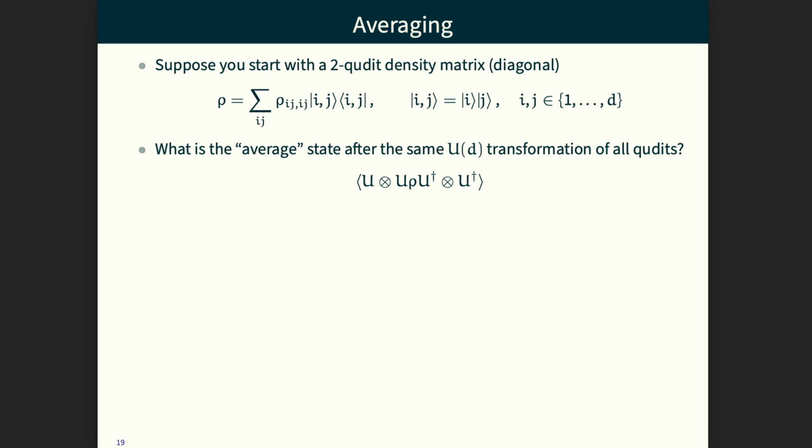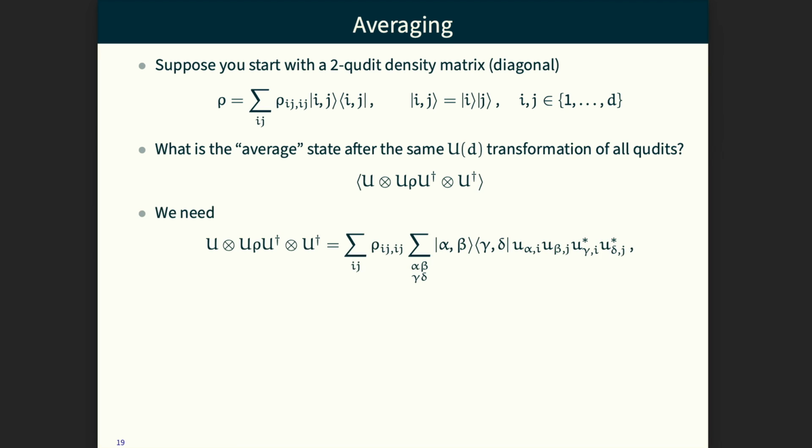I need to find an expression like this. Of course, because I have 2 qudits, I'm going to have 2 helpings of the unitaries, one for each qudit. So when you spread this out, you get these coefficients here, which come from the initial state, and then this qudit i goes all over the place to a linear combination of alpha j1 like this, and you pick up a bunch of matrix elements that are entries in the unitary.